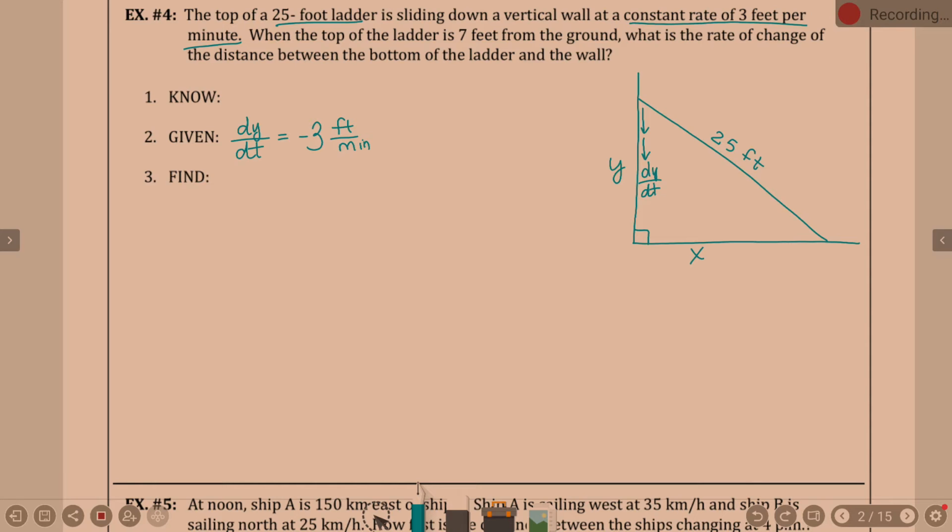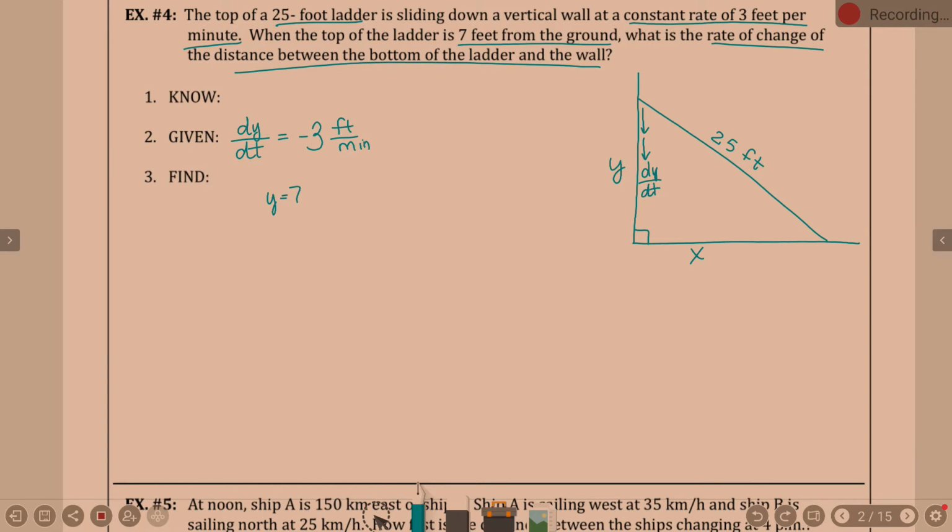So that's saying when y is 7, right? I'm not going to make this side 7 because it's not saying it's always 7. But at the point, it's going to end up over here, when y is 7, what is the rate of change of the distance between the bottom of the ladder and the wall?